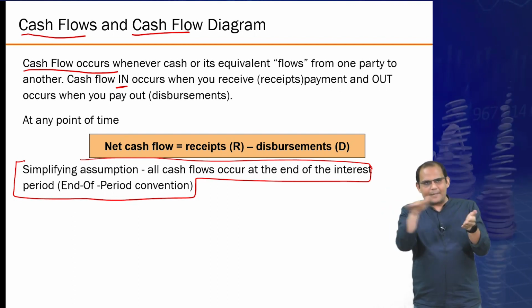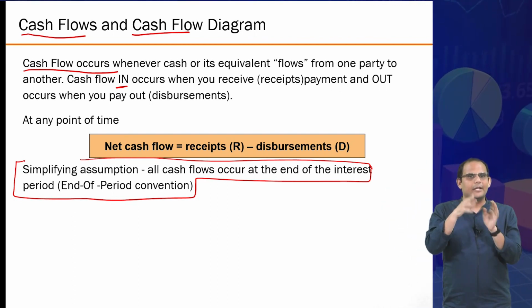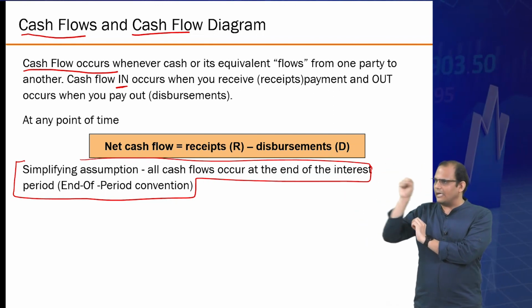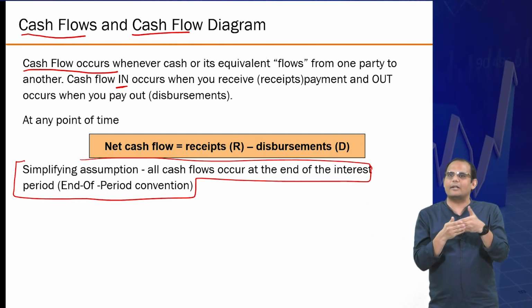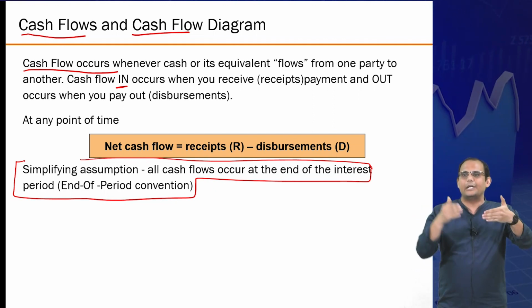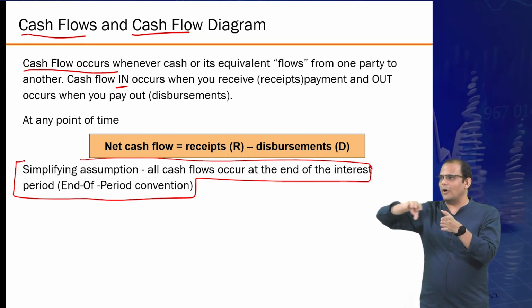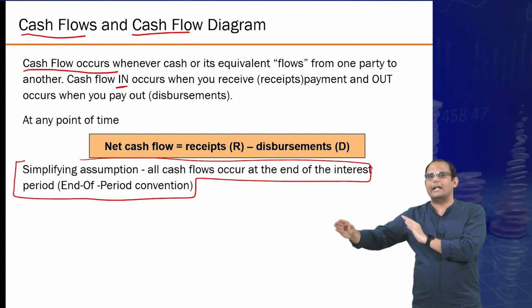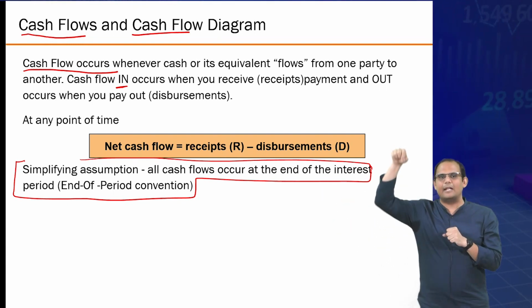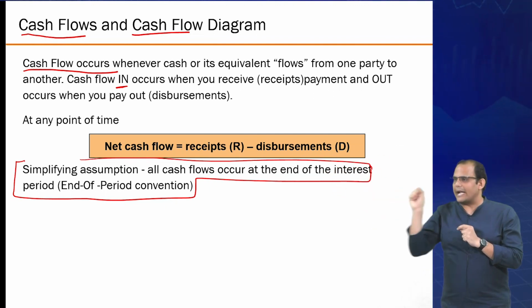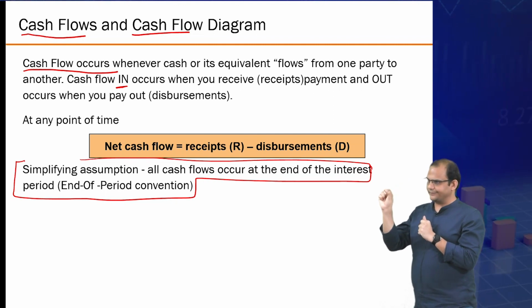So whatever happens in between two periods, you try to shift it towards the end. The net of it you consider at the end of the period. For example, all the transactions that are happening between month 1 and 2, you use the equivalent of all those sums and assume that everything is happening at the last day of month 1 or month 2, whatever, right? So that is called the end of period convention, okay?